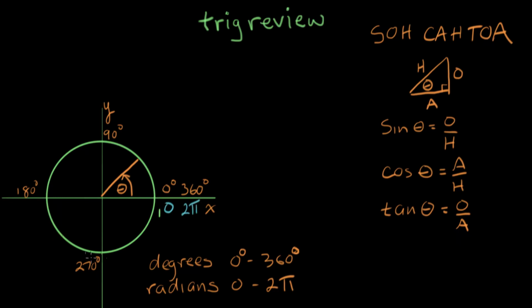Going all the way around the circle is 2 pi radians. That means that going halfway around the circle is pi radians. That's equivalent to 180 degrees. If I do a quarter of a circle, that's equal to pi over 2 radians. And if I do 3/4 of a circle, that's 3/2 pi, or 3 pi over 2. So we'll use degrees and radians all the time, and we'll flip back and forth between them.